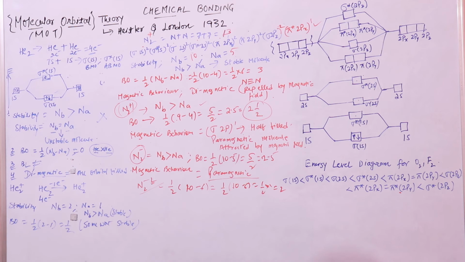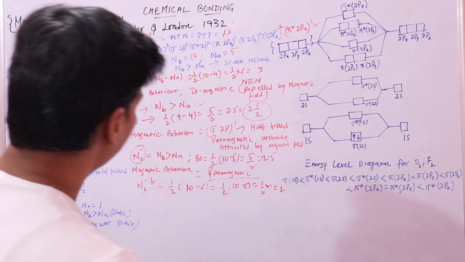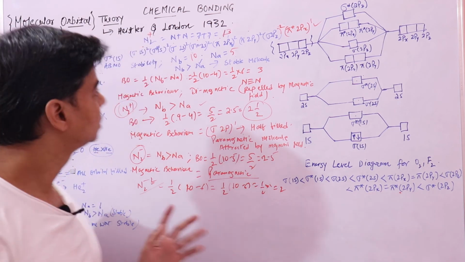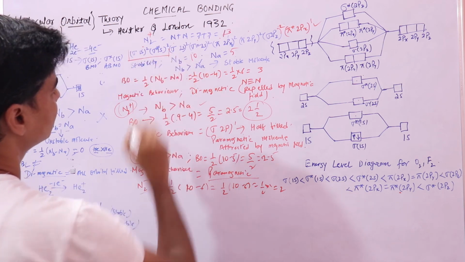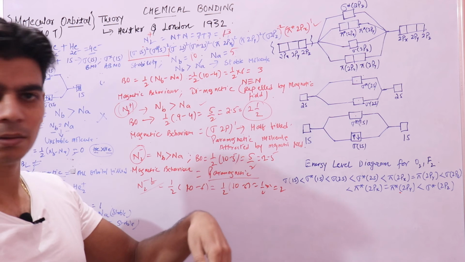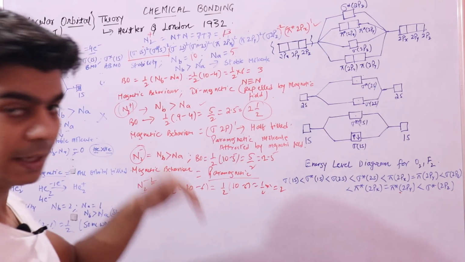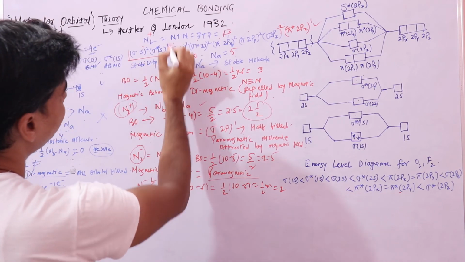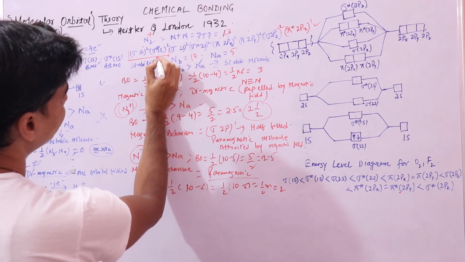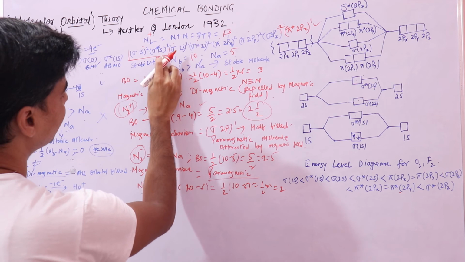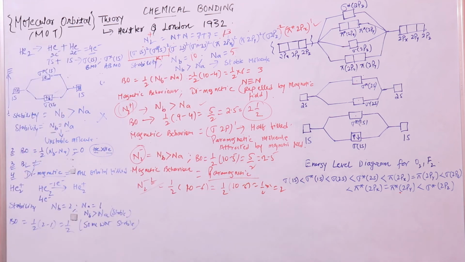Now I just want to show you one thing, that in some of the books you will see that this part, since this is an inner shell, the first shell, would be replaced by K, or KK. That means these are non-bonding electrons.